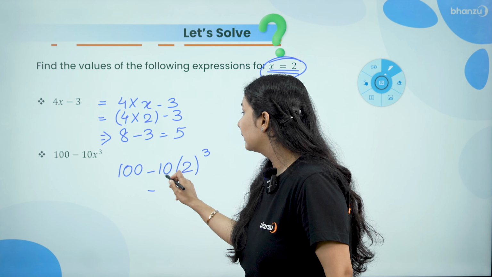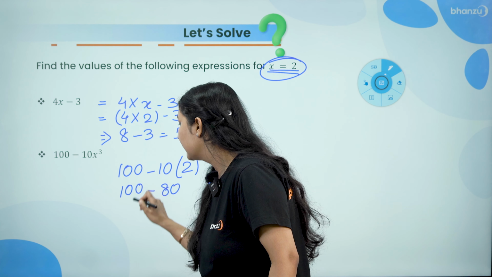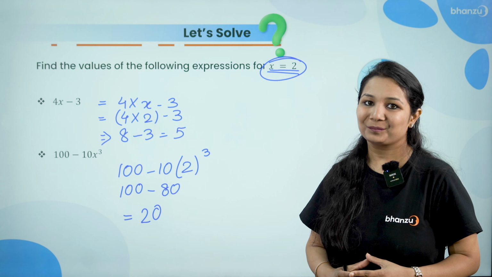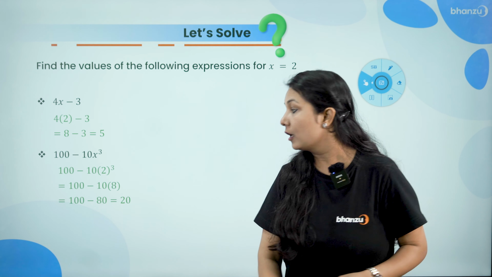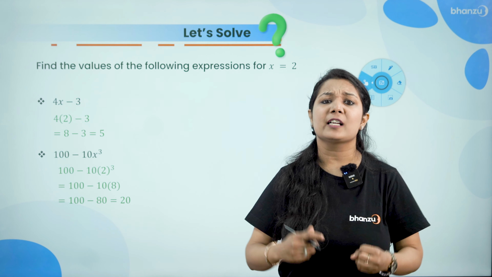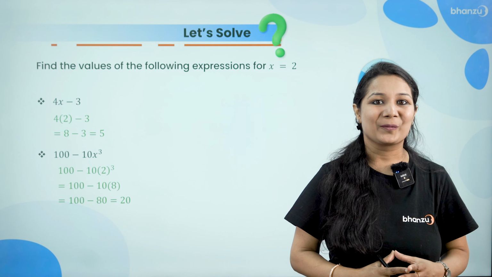So 10 into 8 is 80. So you get 100 minus 80, so the answer is equal to 20. This is how we present our answers for these questions. What did we do? We just substituted the value of the variable in the given expressions.